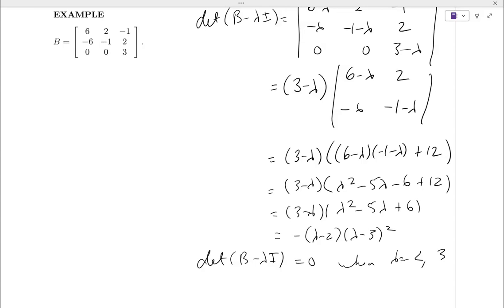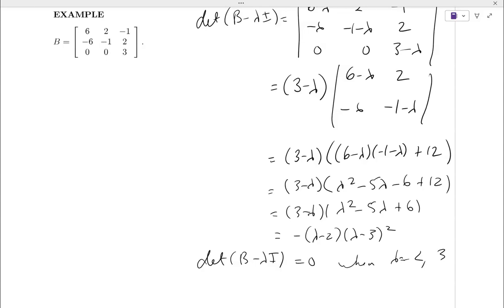We want to find the eigenvectors. So what do we want to do with the 2 and the 3? Yeah, plug them in and row reduce. Plug those in for lambda and row reduce the corresponding matrix.